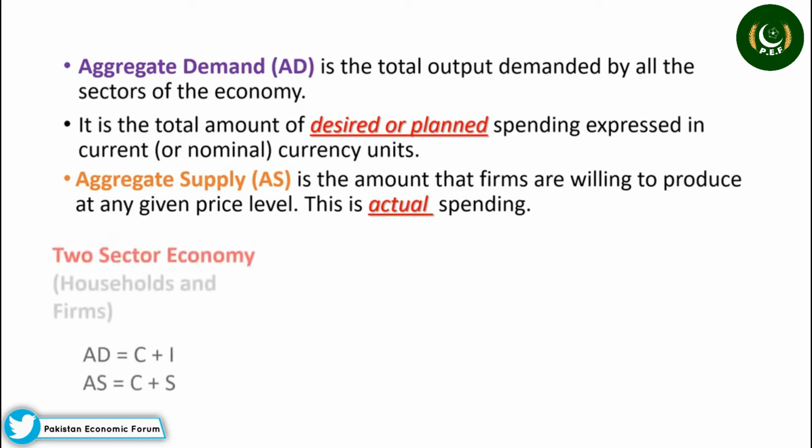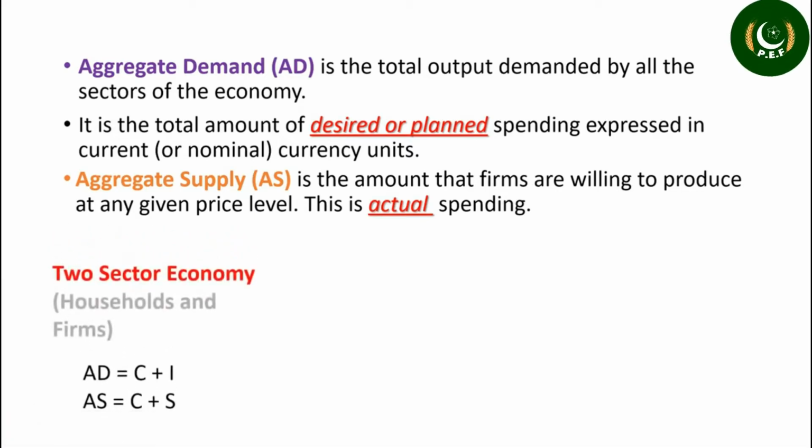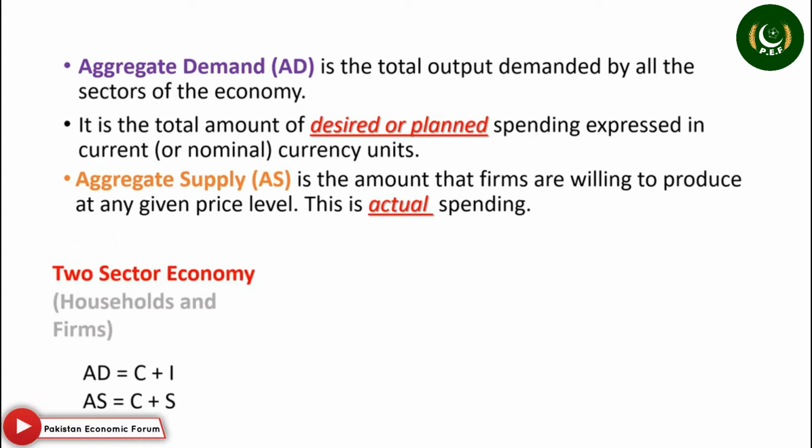For the two-sector economy, aggregate demand is equal to C plus I and aggregate supply is equal to C plus S, where C is consumption expenditures, I investment expenditures, and S savings.